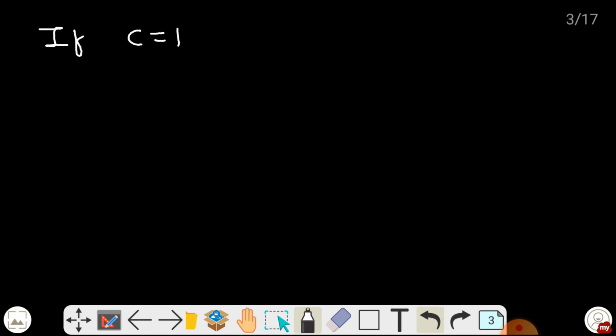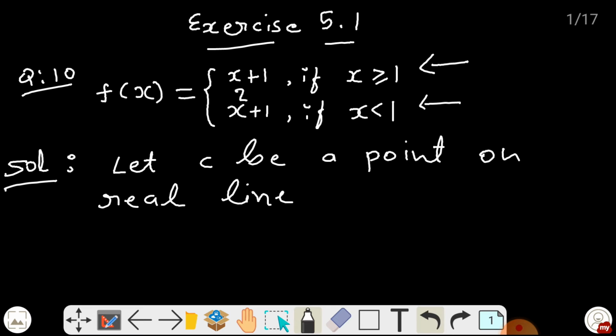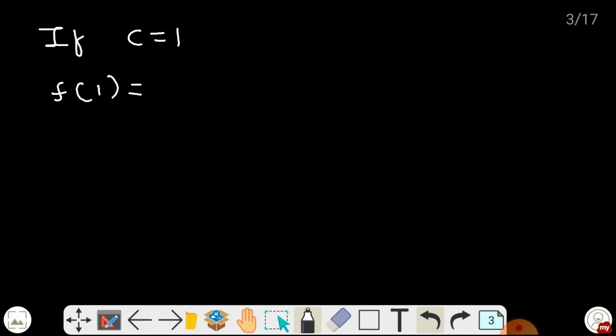We have to check that the right limit of the function at 1 and the left limit of the function at 1 should be equal, and that should be equal to f of 1. So first of all, what will be our f of 1? Whenever x is equal to 1, our function is x plus 1. So f of 1 is 1 plus 1, which is equal to 2.